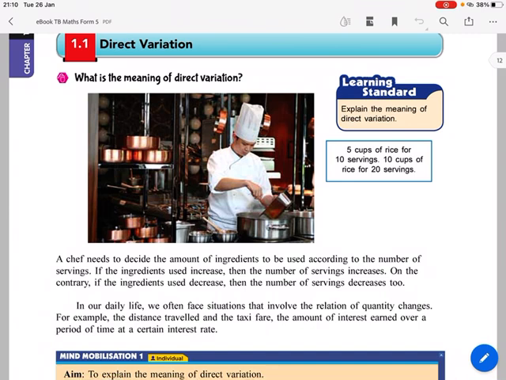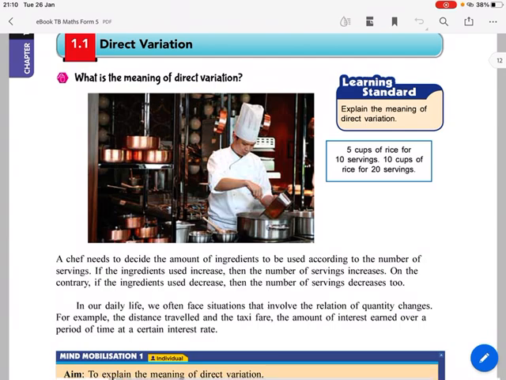When the ingredients used increase, the number of servings increases. If we use fewer ingredients, we have fewer servings. That's an example of direct variation.